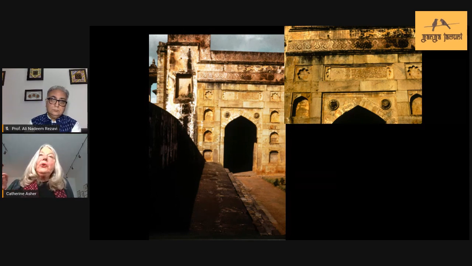But in the much longer Sanskrit inscription, which is next to it, we have a rather different message. Here, we have Raja Man Singh inserting himself as his own authority as the head of the Kachwaha house.